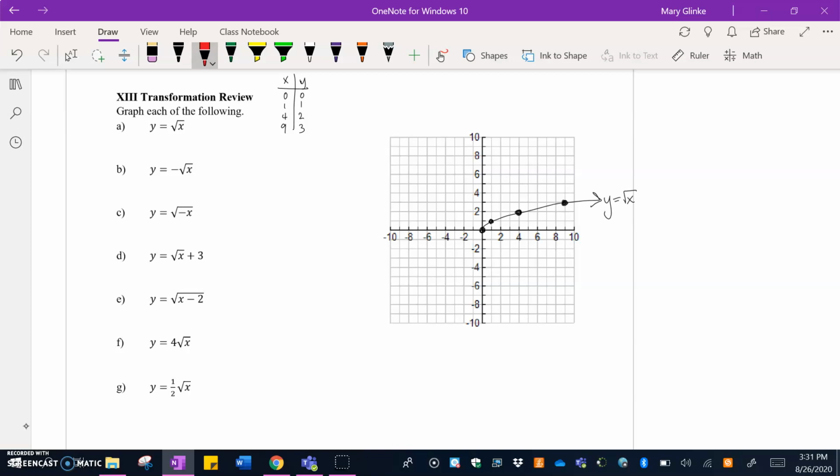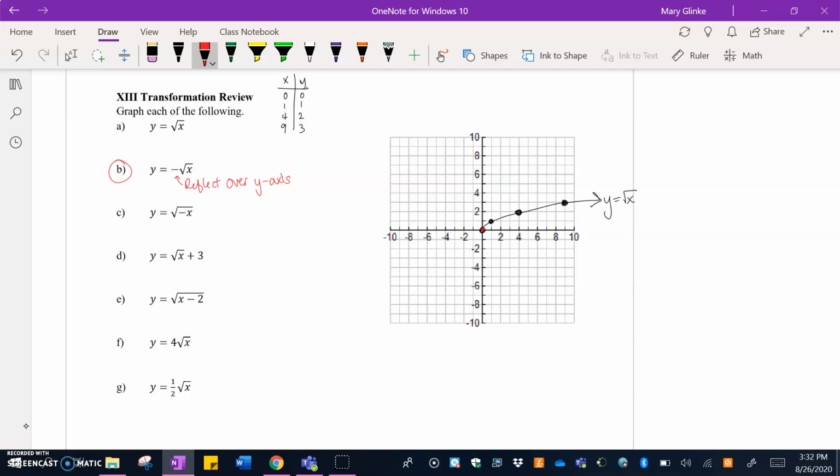So the very first one here, we have y equals negative square root of x. This negative sign out in front is going to reflect things over your y-axis. So it's reflecting everything over the y-axis. In essence, this is changing your y values, not your x values.